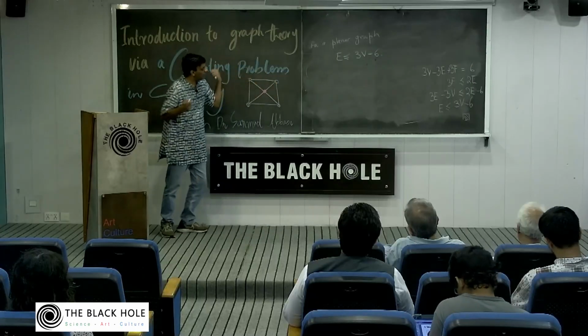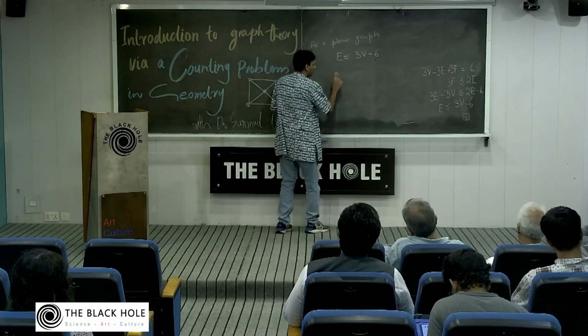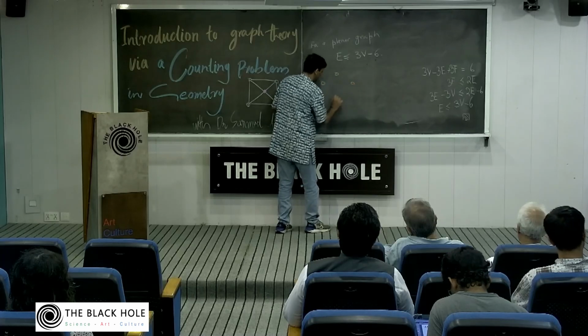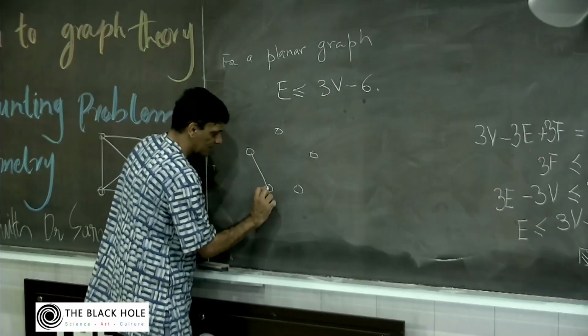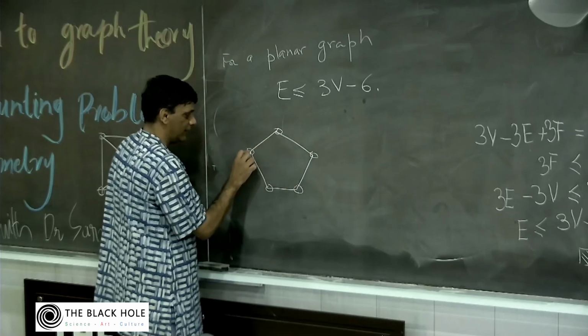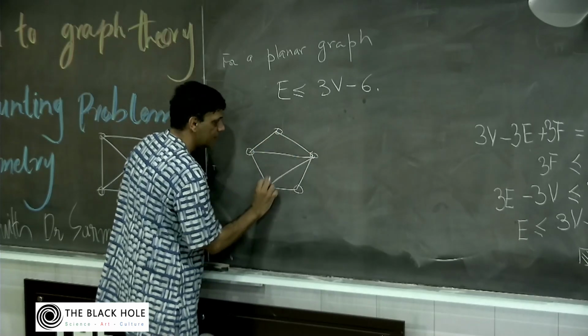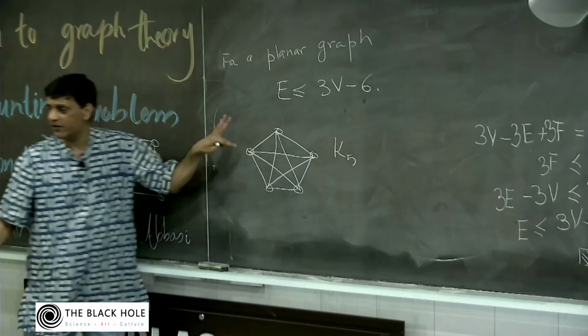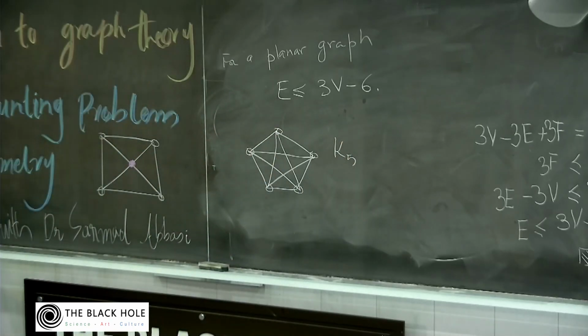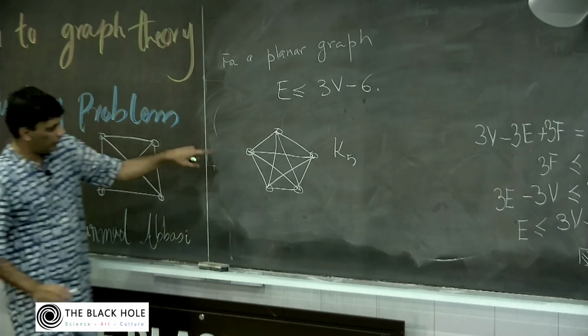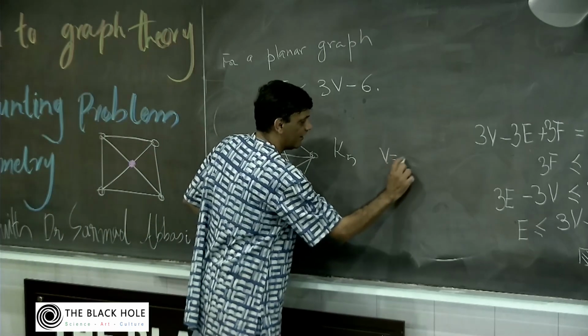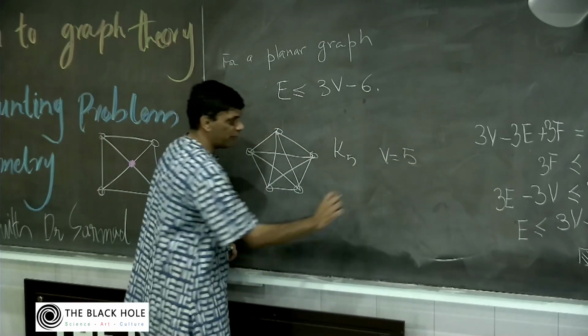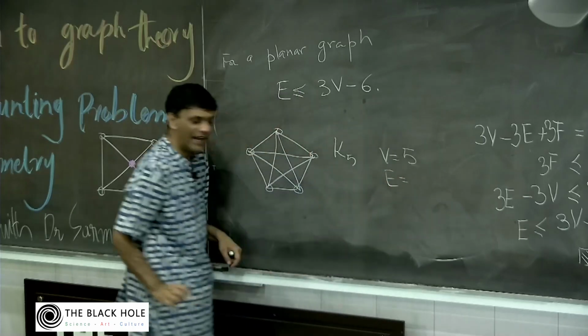Here's a lovely thing. Let's look at this graph. This has a name, it's called K5, because there are 5 vertices and everybody is connected to everybody. So the number of vertices is 5. The number of edges is actually 10.